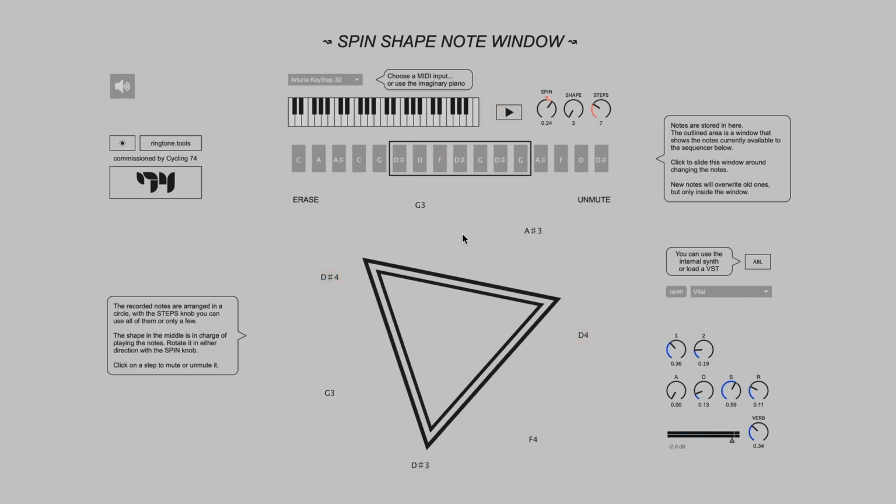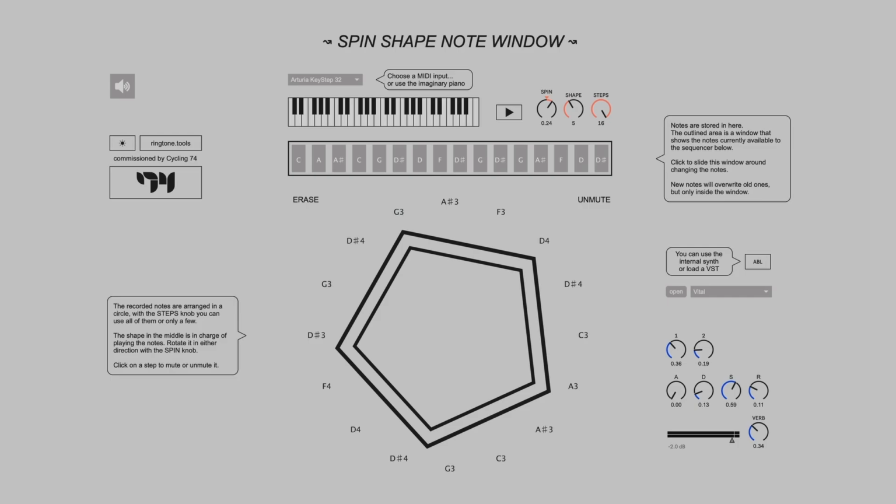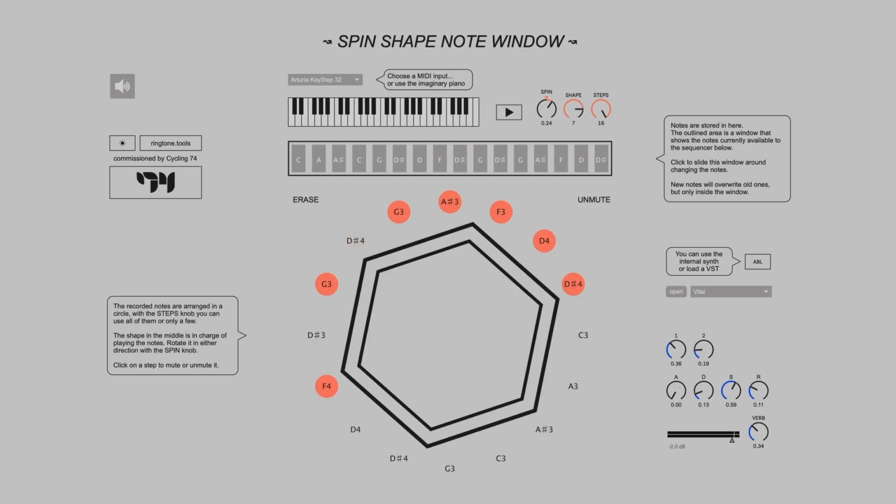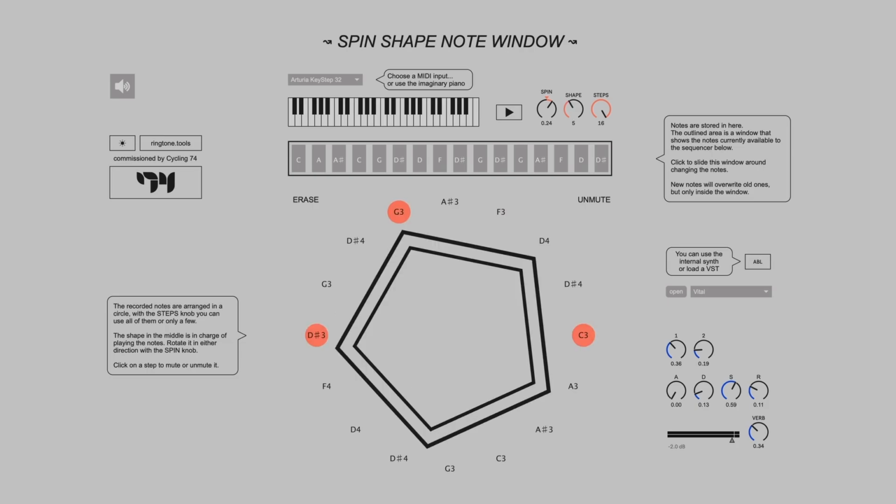So you can change the amount of steps in the sequence, like so, and you can change the shape that is traveling through the sequence. And because the shapes will have at a minimum 3 corners and up to 8, it will always be playing back the sequence from multiple different positions simultaneously.